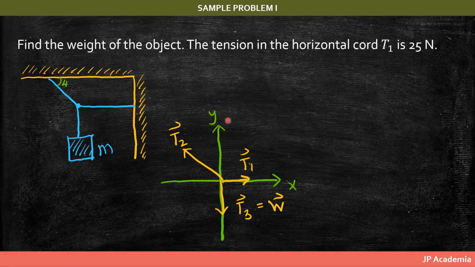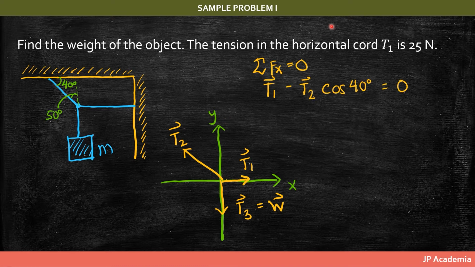Using the first equilibrium condition, we can write the following expressions. So we have first the summation of the forces along the horizontal, which is equal to 0. And we just need to get the x components of our tension. So T1 minus T2 cosine 40. So this is 40 degrees. This is 40 degrees.